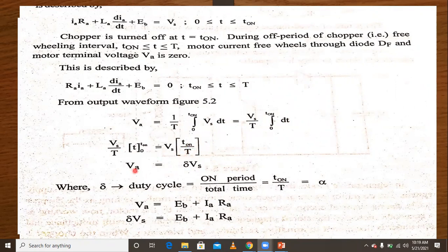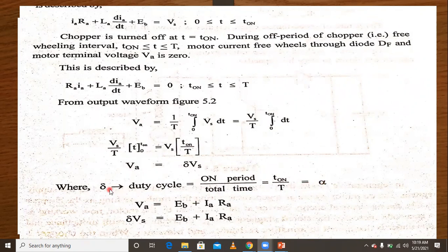That's why VA is equal to delta times Vs. Understood? So delta is called the duty cycle, the on time period by total time, Ton by T. It's also called alpha in some books, but alpha is already used as the notation for firing angle, so don't consider alpha.